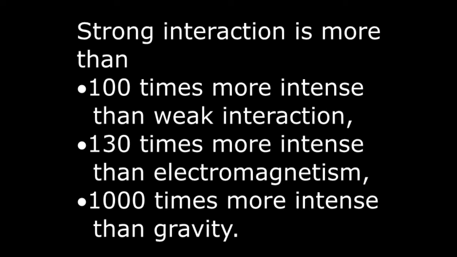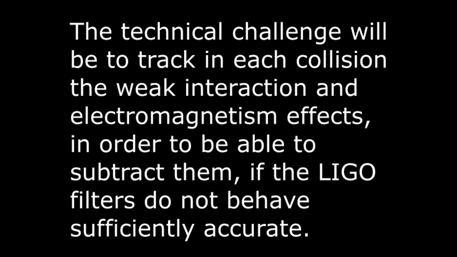Knowing that the strong interaction is more than 100 times more intense than the weak interaction, 130 times more than electromagnetism, and 1,000 times more than gravity, I suspect that the technical challenge will be, roughly, to track on each collision the weak interaction and electromagnetism effects, in order to be able to subtract them, if the LIGO filters do not behave sufficiently accurately.